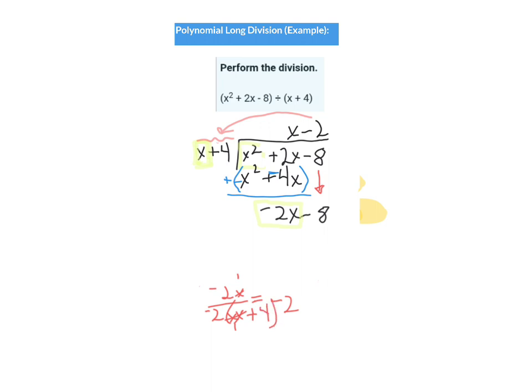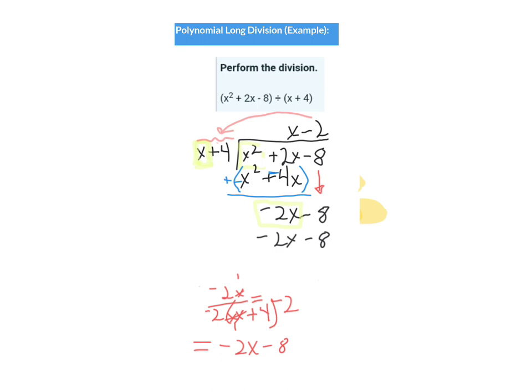All right, distribute that, and we get what? Negative 2x minus 8. All right, and so we put that right at the bottom of our algorithm. Okay, so negative 2x minus 8.